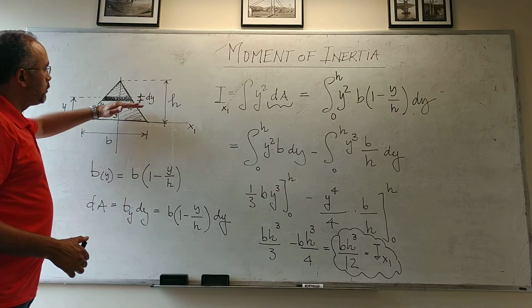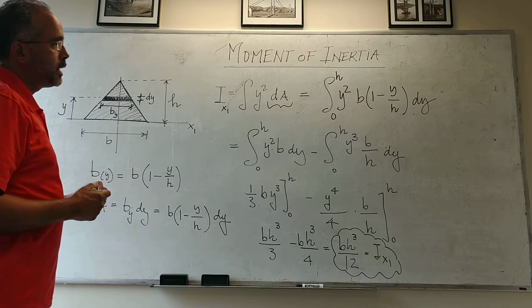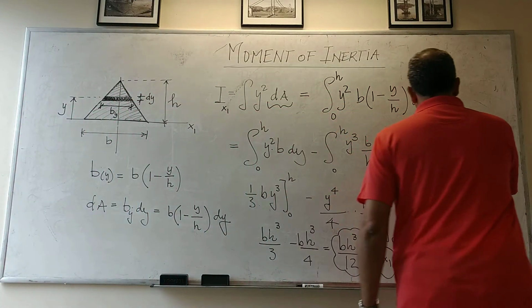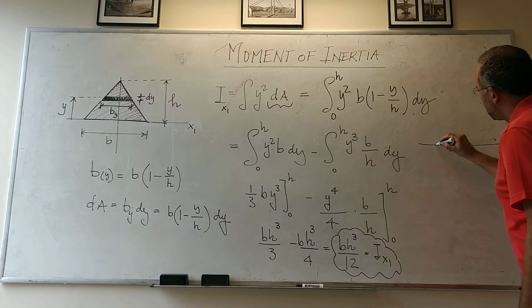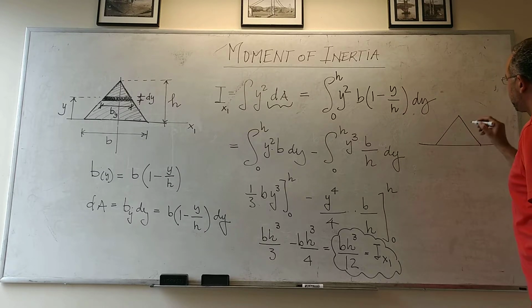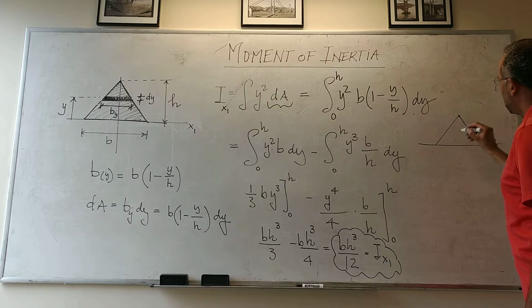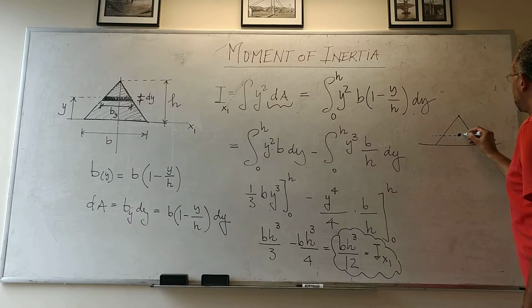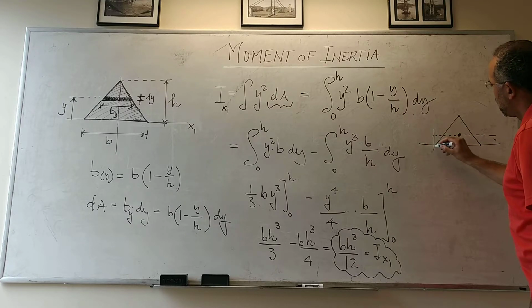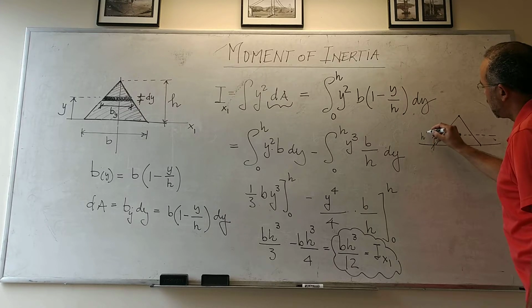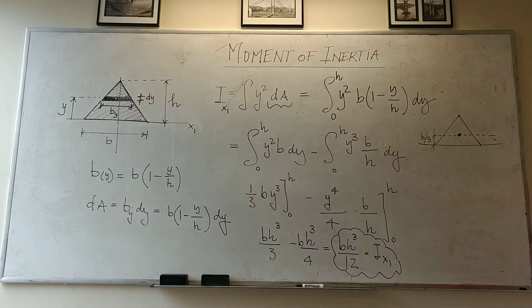Now what we want is the moment of inertia around the centroid. So in this case we have to use the parallel axis theorem. The centroid of this is at h over 3.